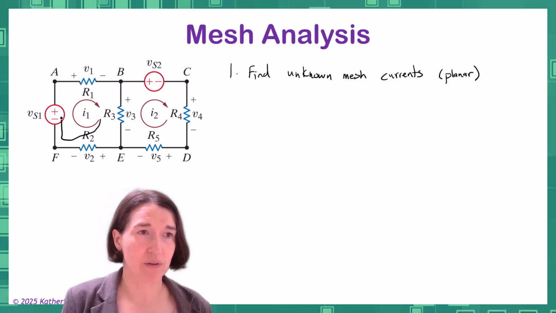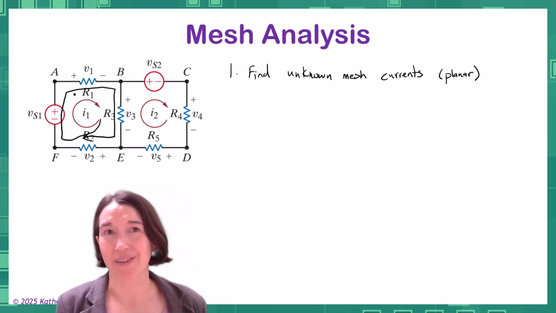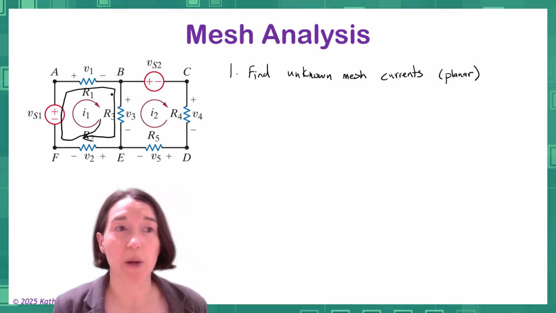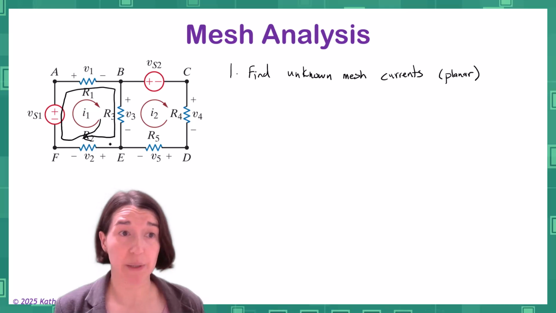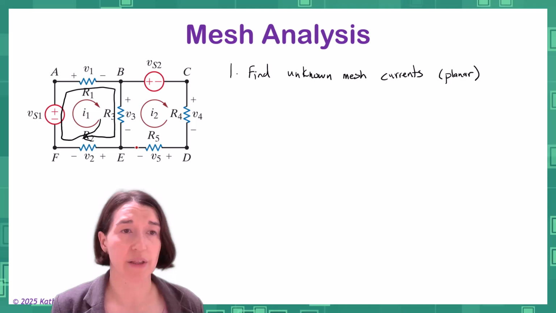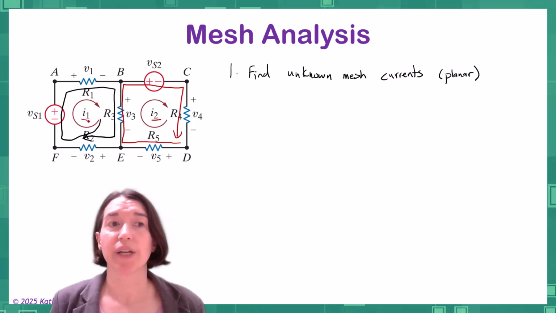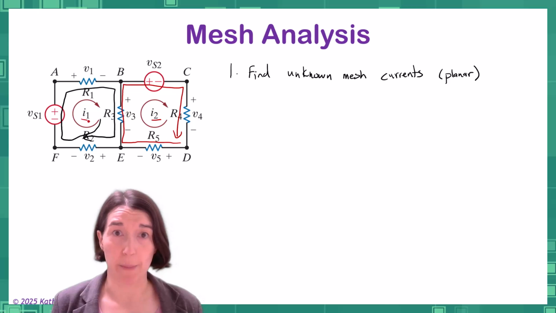I'll erase this in a second. The image here draws a loop, but it's going all the way through here. And then we also have another mesh current going through here, and that is I2. So we define I1 and I2, and the mesh currents are going through them.